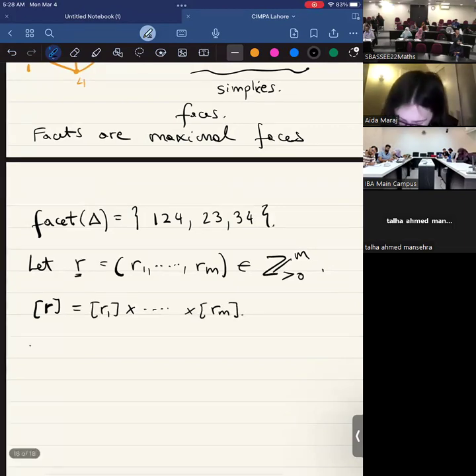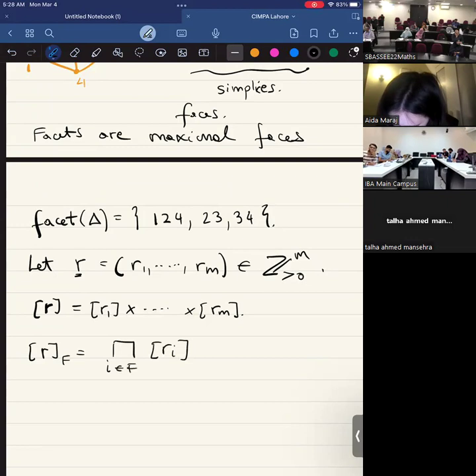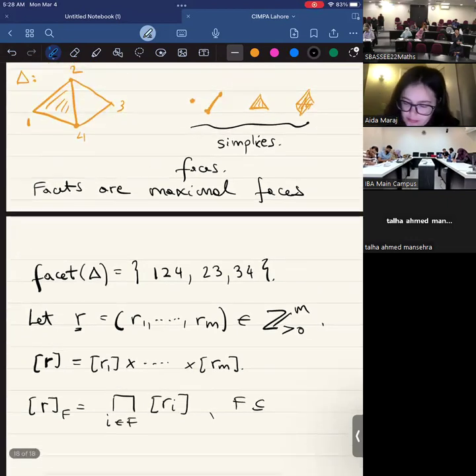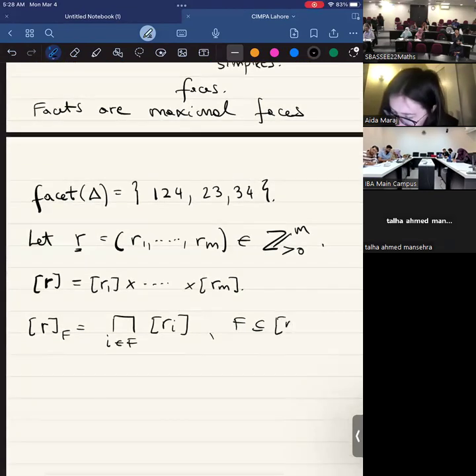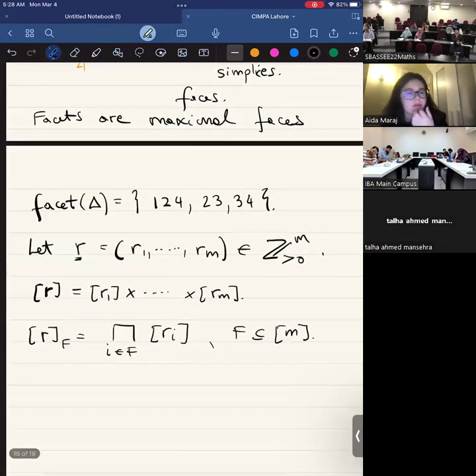And I will also denote with R_F the product of Ri, where i lives in F, where F is a subset of M. So it's kind of the projection onto the subset F.